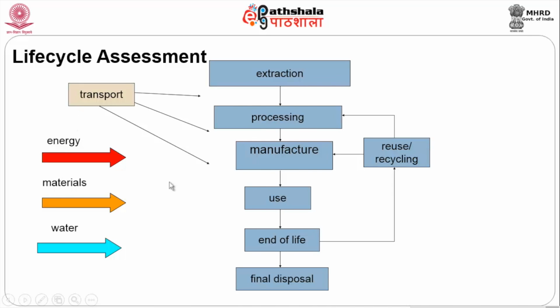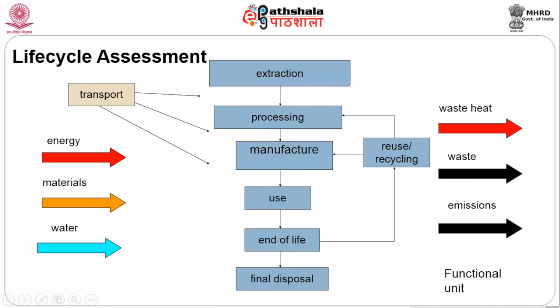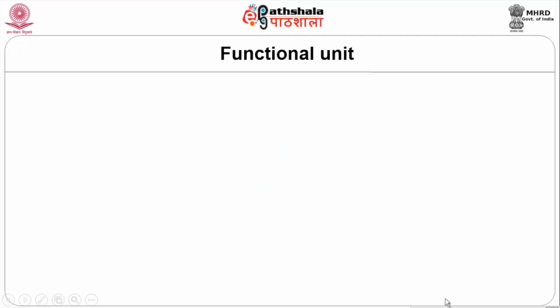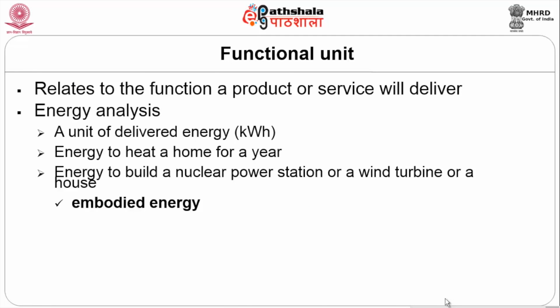Now, the assessment of this flow chart into materials and water. These energies need to be conserved in a proper way, and also in terms of generating waste heat and the emissions of toxic substances, and the functional unit of the building. Look at the functional unit of the delivered energy, which results in the energy analysis.